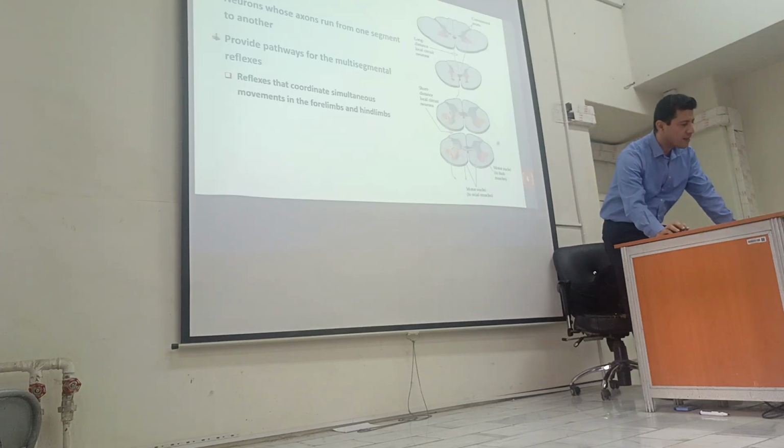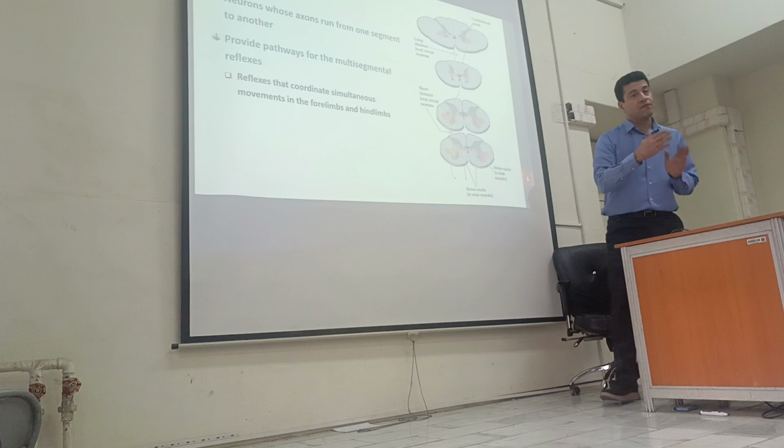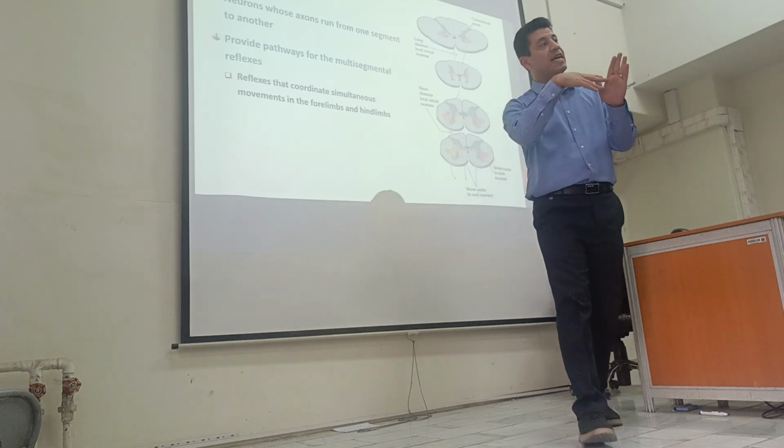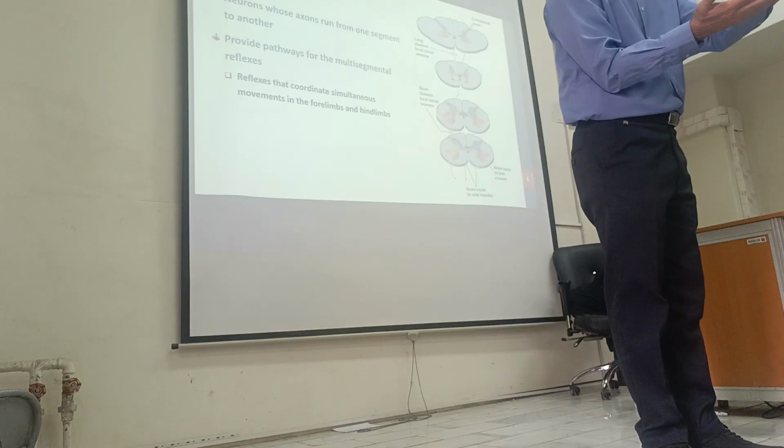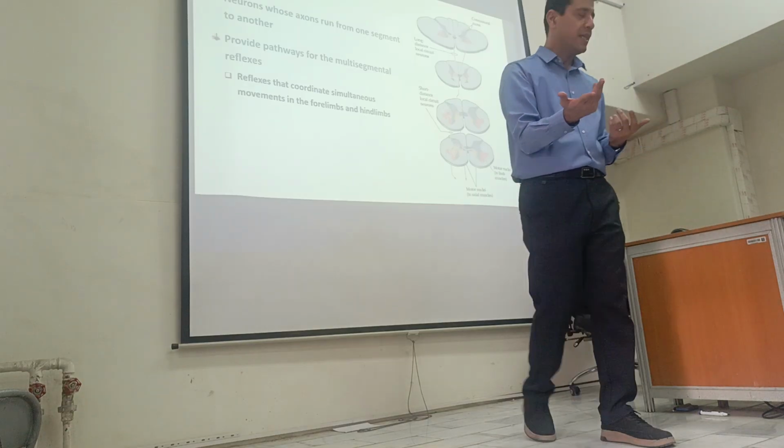So you can see here that propriospinal neurons may also have lateral medial organization. The lateral one goes some segments up or down and activates alpha motor neurons that are located laterally, for contraction of the distal part of the arm, right?